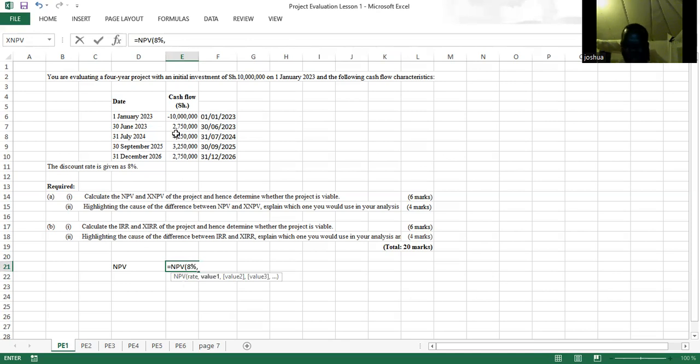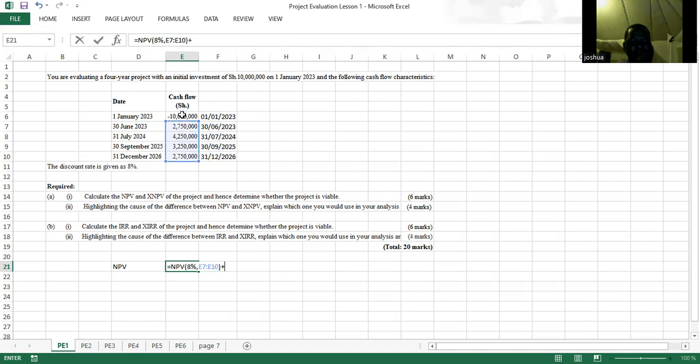The values you have been given up here. When you are doing NPV in Microsoft Excel, we tend to exclude the cash outflow. So we start from 30 June 2023, the 2750. Those are the values under the formula. We take all of that down and close our brackets.